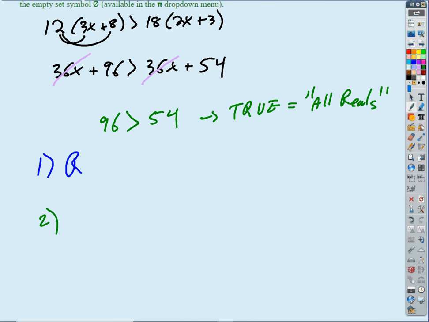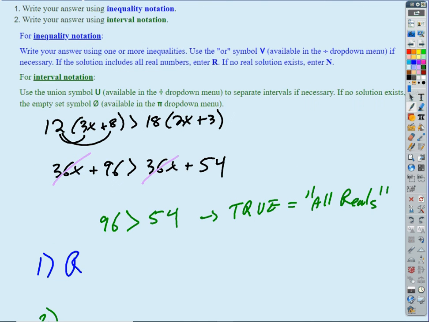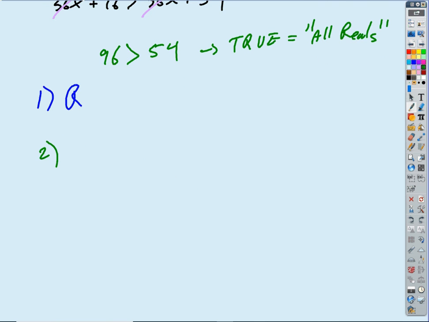Part 2 is where we want to write it using interval notation. So in interval notation, how do you think using infinities and commas and parentheses and brackets, how could we say something that means all possible real numbers? Would there be any endpoints? If I'm including all real numbers, no endpoints, so how would I write that?